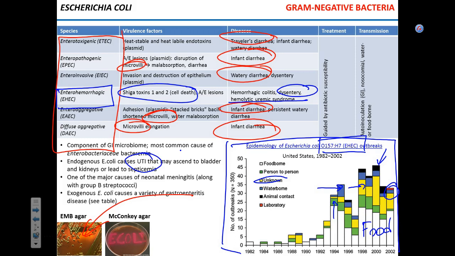We're good? And along with Streptococcus agalactiae and Listeria monocytogenes, E. coli is one of the three main causes of neonatal meningitis. So we're going to add Listeria and Streptococci.